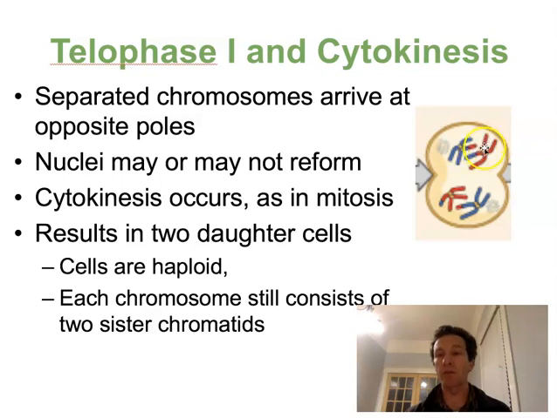And when we have 2 sister chromatids that are attached to one another, we still refer to that structure as a chromosome. So in effect at this point, we've gone from having a cell with 2 pairs of chromosomes to having a cell with 2 chromosomes and another cell with 2 chromosomes. We've reduced the number of chromosomes by half.